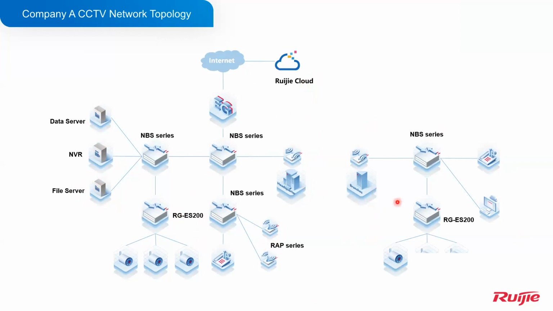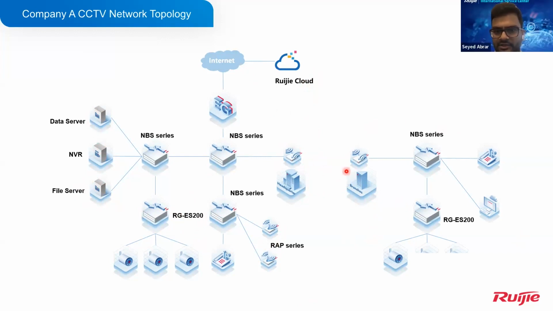Your headquarter and branch office may be far away from each other, maybe a few kilometers. So in that case, we can use the EST bridge to connect your headquarter to the branch office. Because laying the cable between the headquarters and branch is very difficult. You need a lot of permission from the municipality or the authority boards, right?